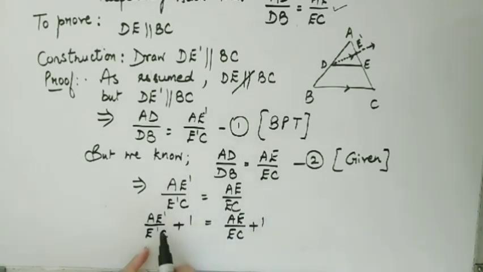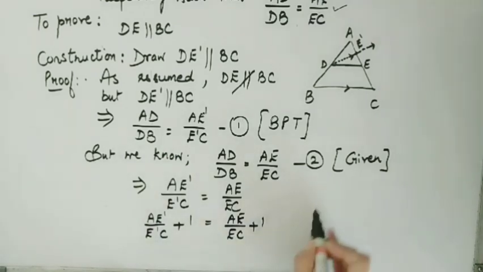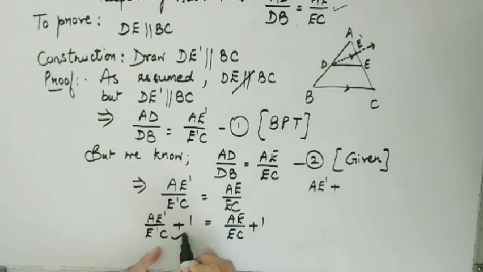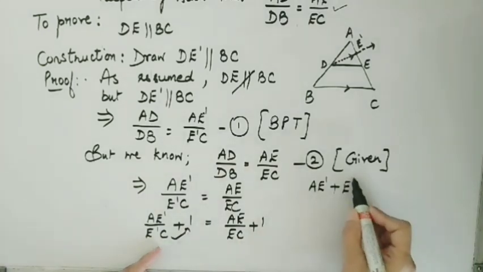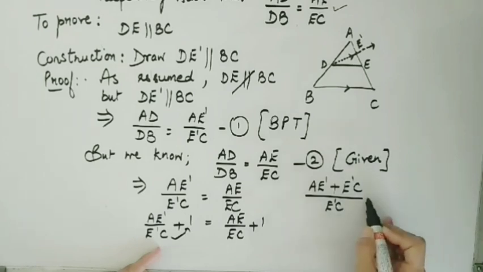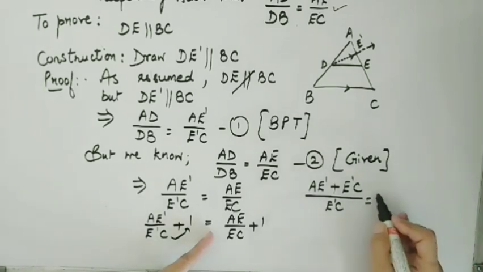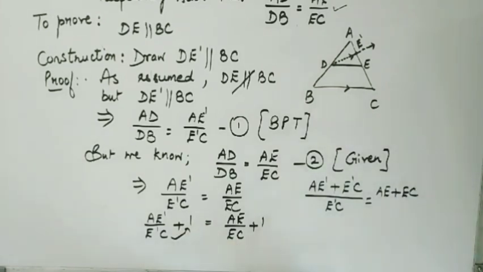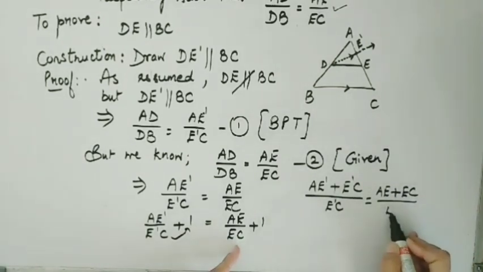Simplifying this would become AE dash plus, taking out LCM, E dash C upon E dash C. This is equal to AE plus EC upon EC.